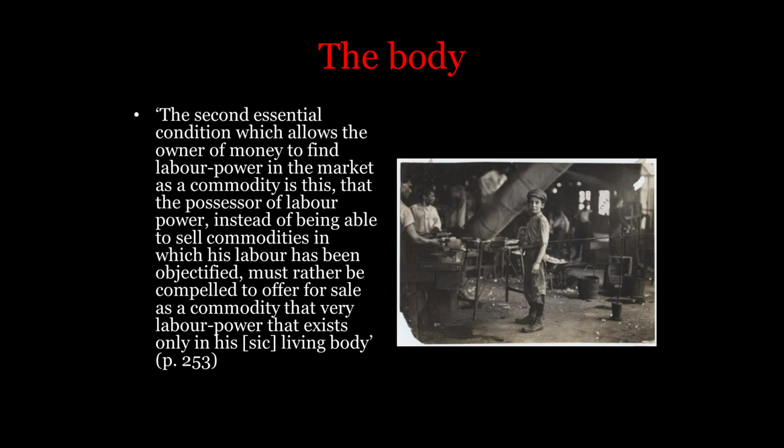But the body, of course, is a point at which capitalism must recognise certain limits. Workers die, a great inconvenience to 19th century industrialists in particular, before the trade union movement had secured certain health and safety responsibilities for employers. There's only so much work you can do a day.